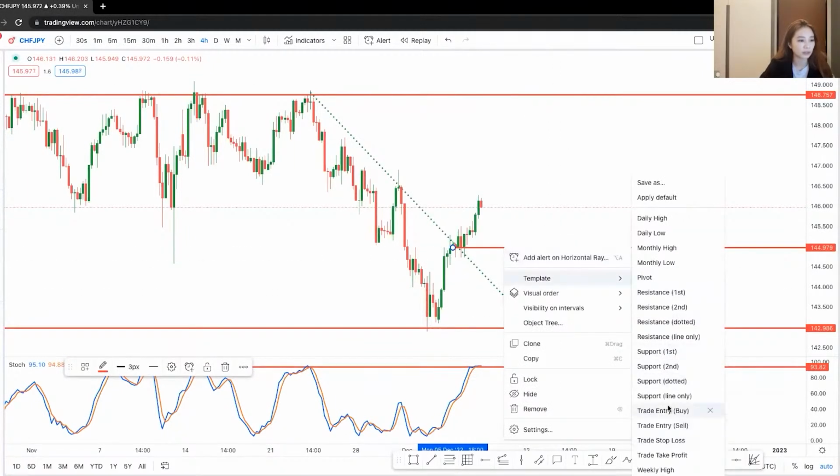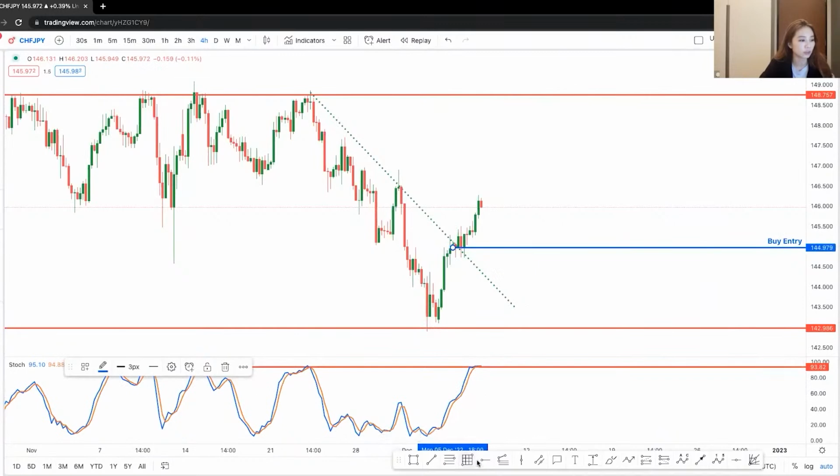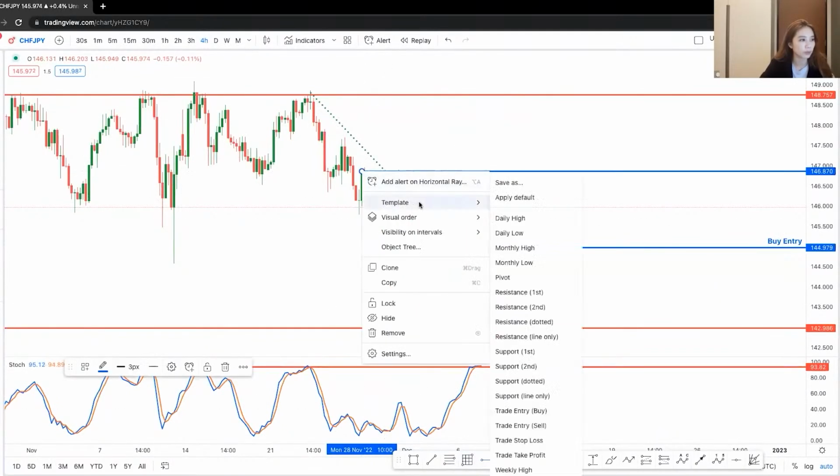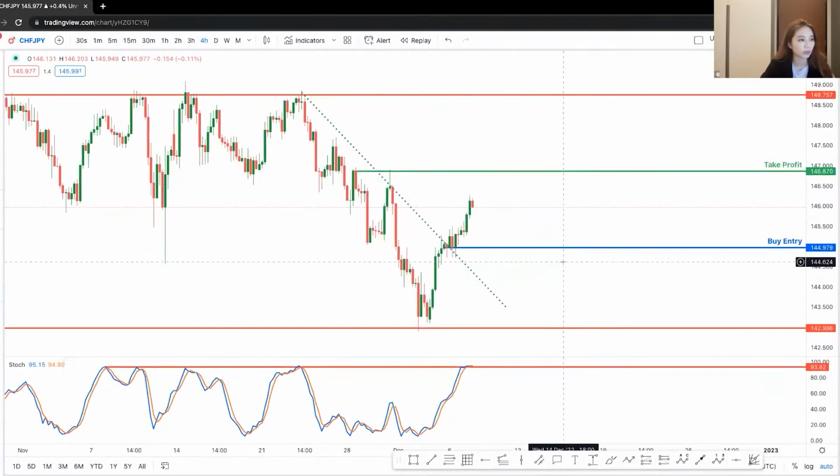So my opinion is that if there's a chance that it drops back down, we could go in from here and taking profit at here.